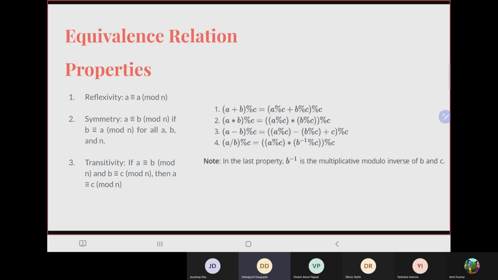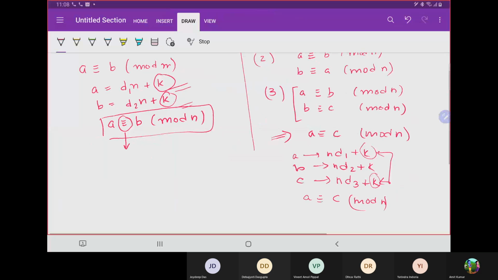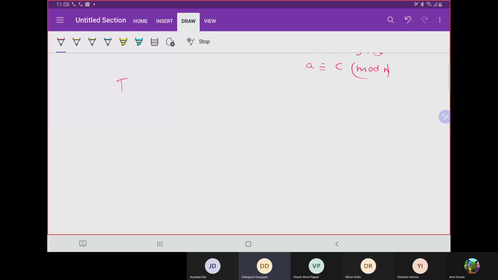I will be describing it later, but basically, if you have a number A and X is its inverse, then this property will be satisfied. This property you should keep in mind.